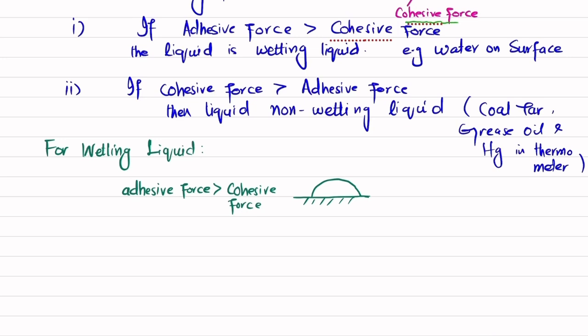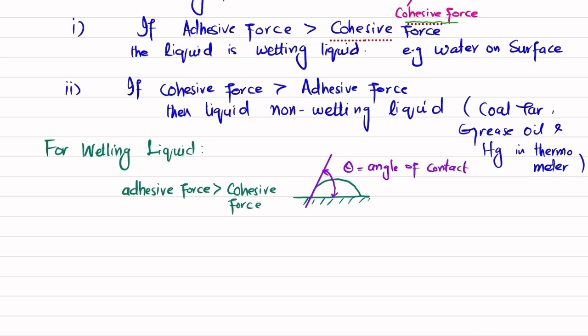We will analyze this droplet of water on this water-glass interface. What we will do is draw a tangent to the liquid where it makes contact. You can see the liquid makes contact over here. If you draw a tangent to this contact point, it will make an angle with this horizontal surface, and this angle is known as theta, the angle of contact.